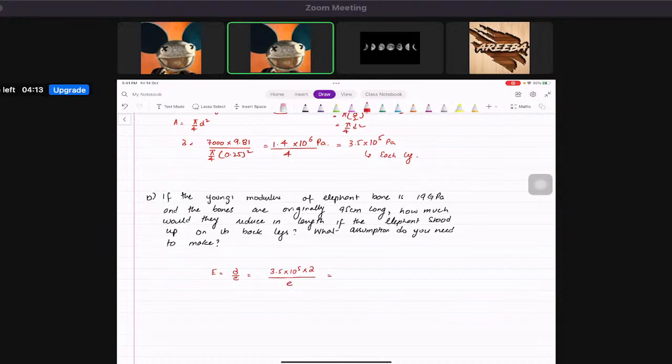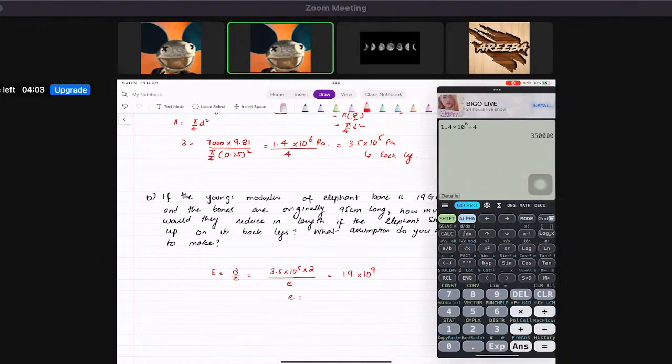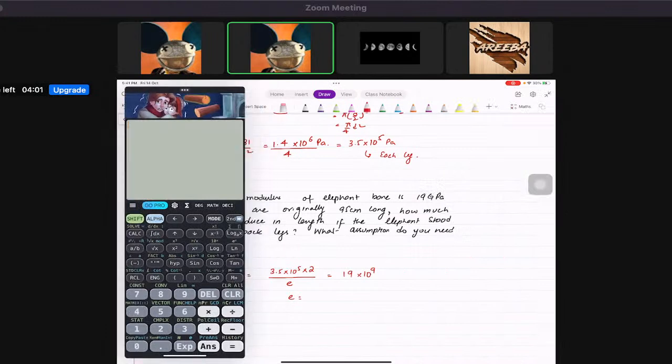The Young's modulus is 19 giga, which is 10 raised to power 9. So the strain is going to be 3.5 times 10 raised to power 5 multiplied by 2 divided by 19 times 10 raised to power 9.